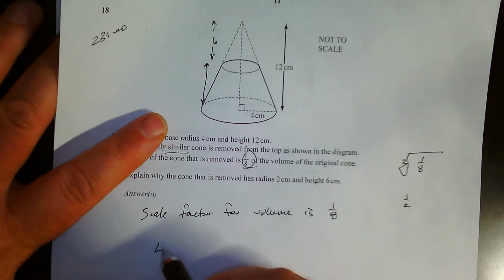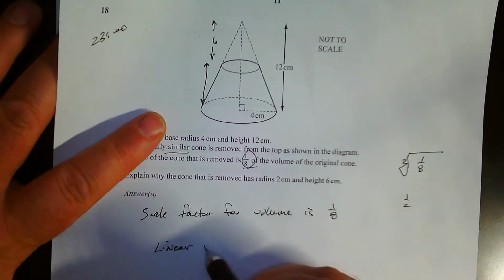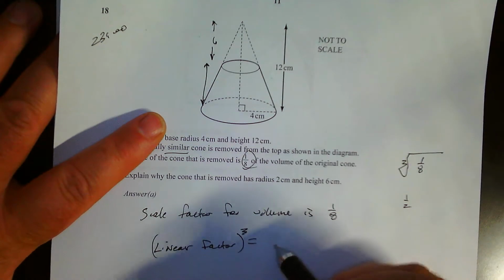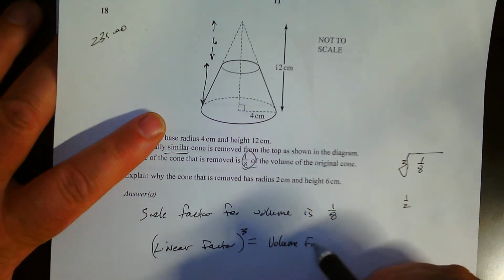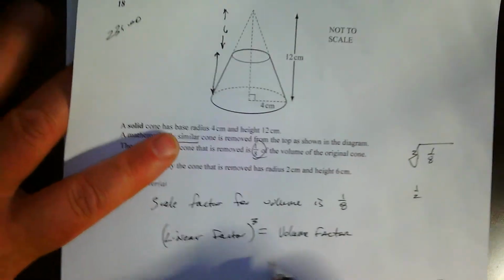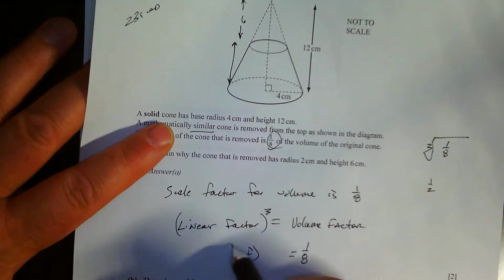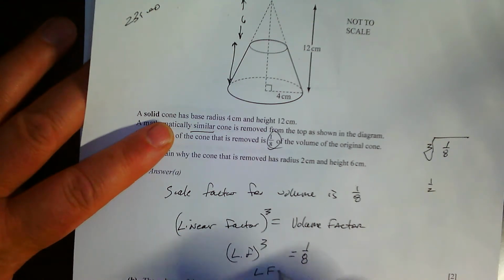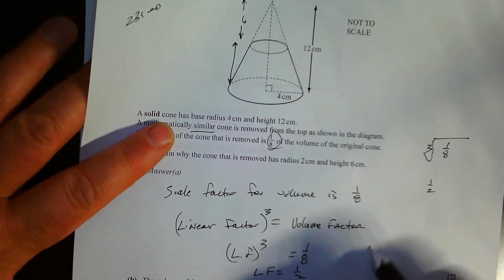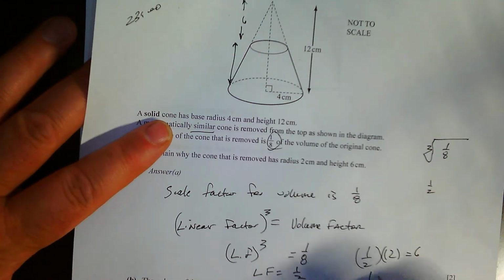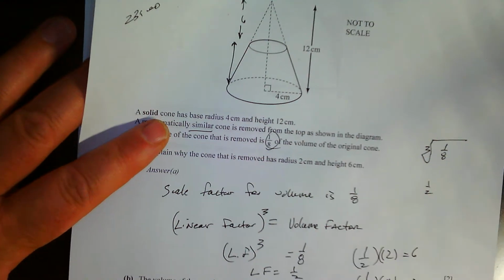So the linear factor cubed is the volume factor. The volume, that's not the right way to say it, right? I think that's sufficient. Yep.